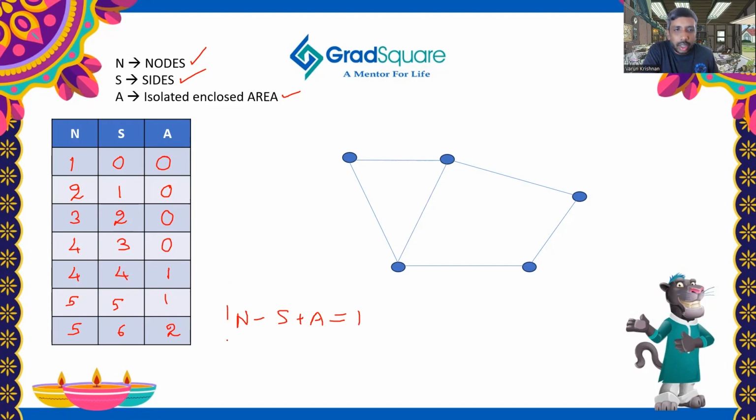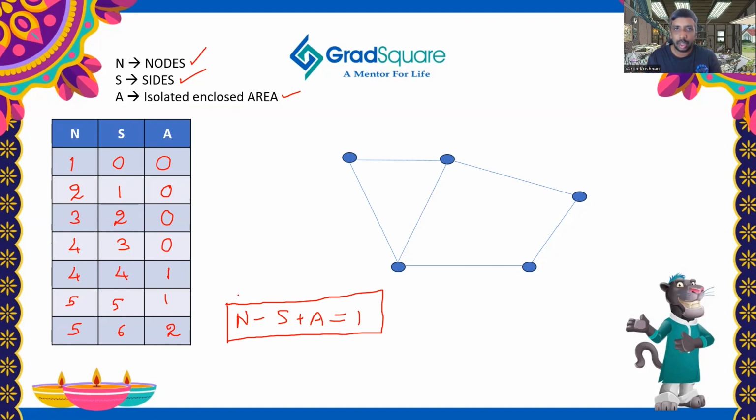This is a fundamental geometric equation or theorem that we can create for polygons, and this will hold for every single polygon anytime I'm forming a polygon using nodes, sides, and enclosed areas. That number of nodes minus the number of sides plus the number of isolated areas enclosed will always be equal to 1.